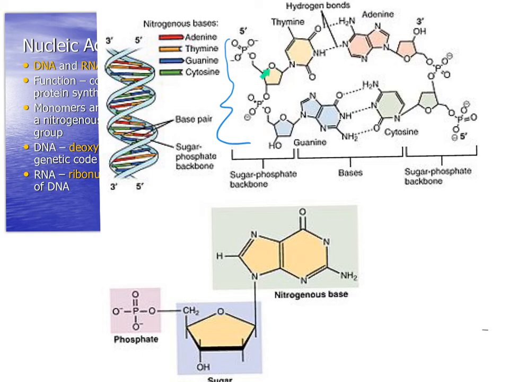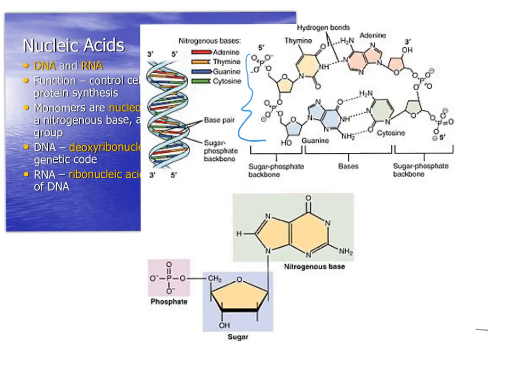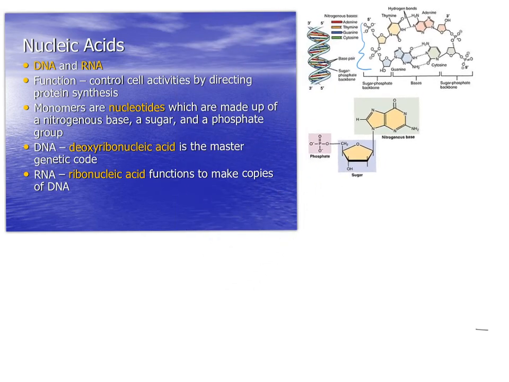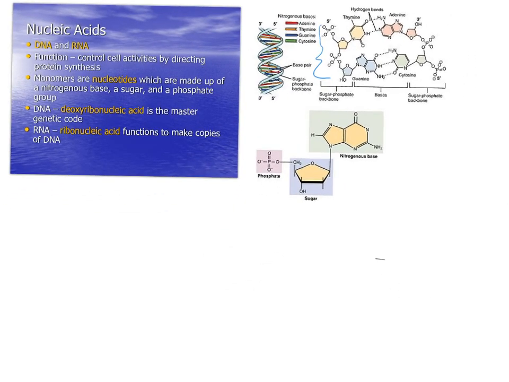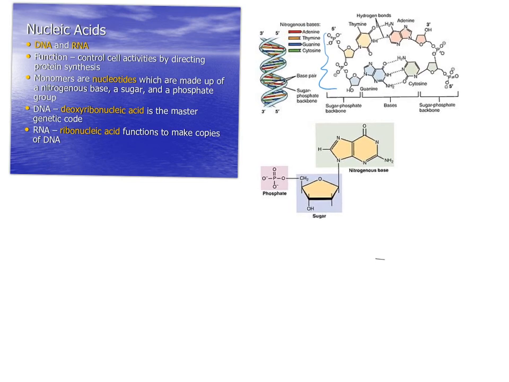Each one of these links is a nucleotide, and each nucleotide has a different nitrogenous base. It could have adenine, then thymine, then guanine or cytosine. What you have to remember is these four make up the nitrogenous bases. As we move along and start to decode this DNA, you have to understand the basic format.